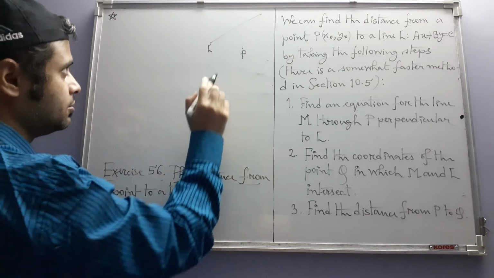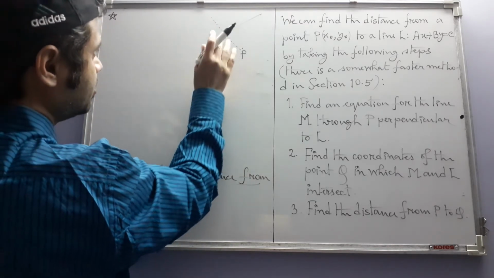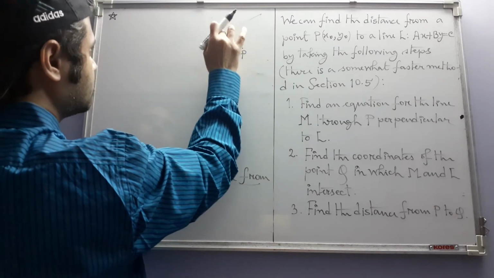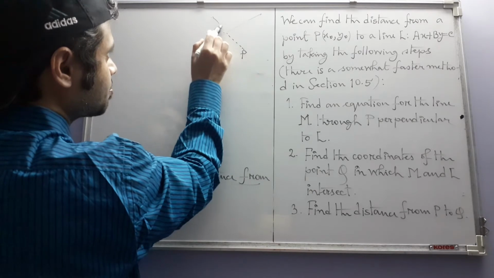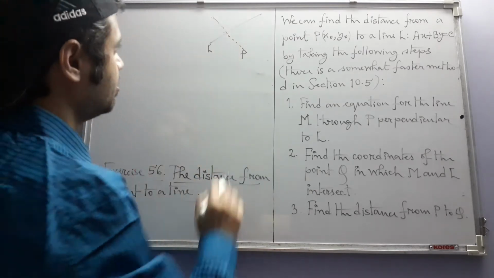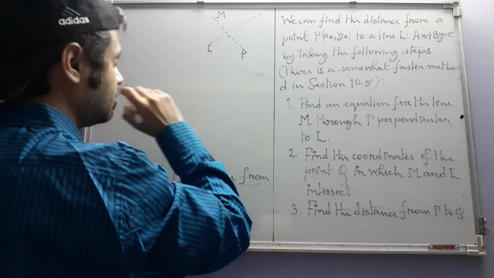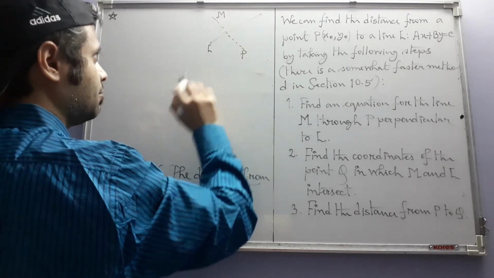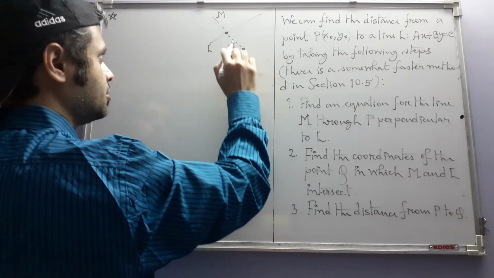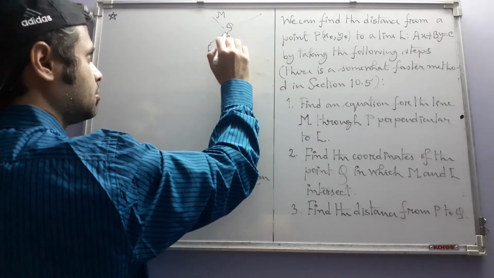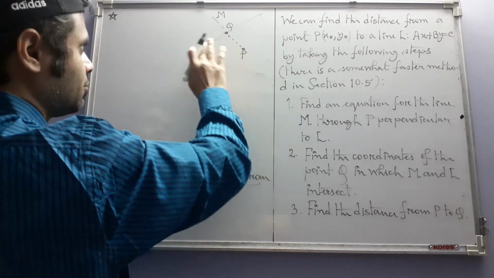First, you find the equation of the line that is passing through P and is perpendicular to L. Call that line M. Then find the point of intersection of M and L, that is this point Q. Then find the distance between Q and P. So that will be the distance of the point from the line.